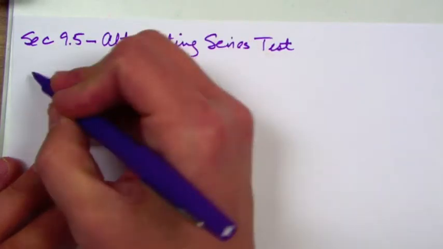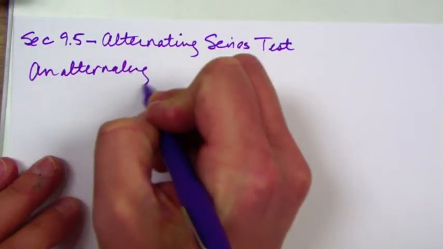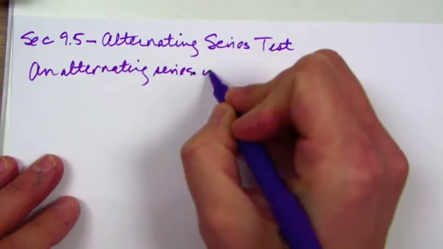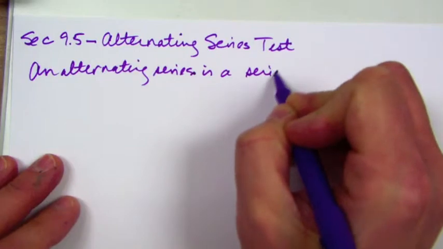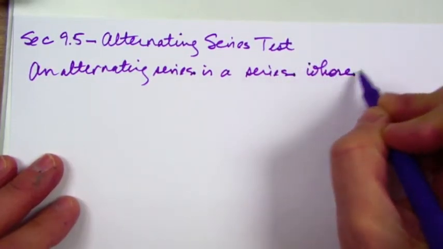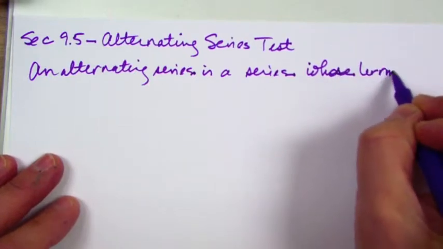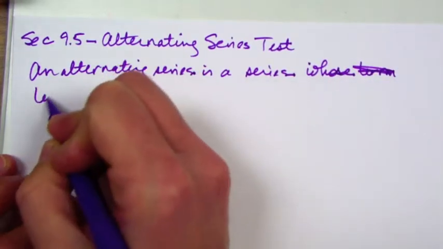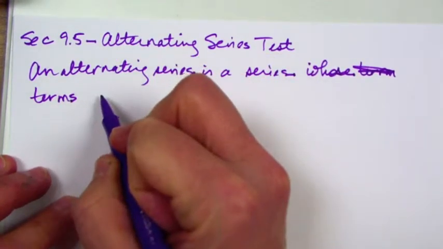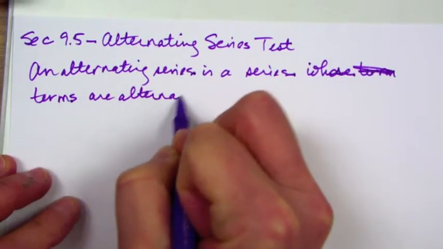Okay. So, an alternating series is a series whose terms are alternating.